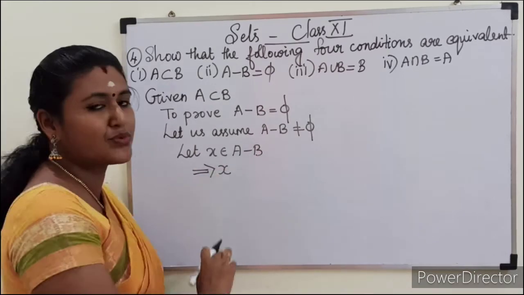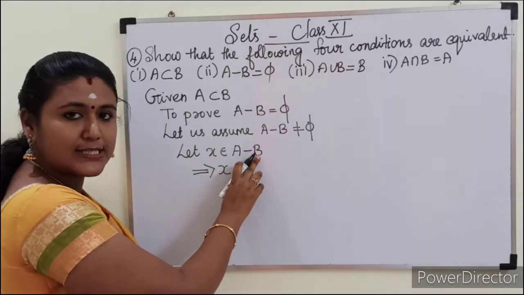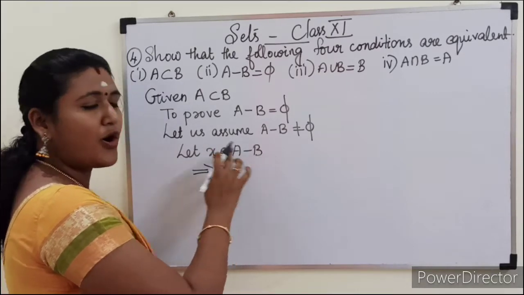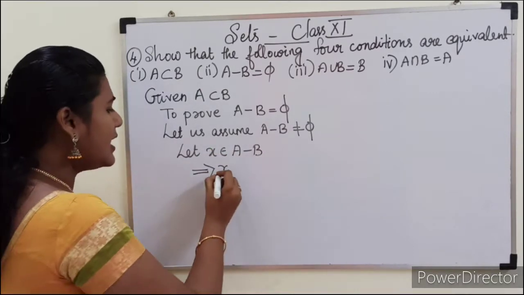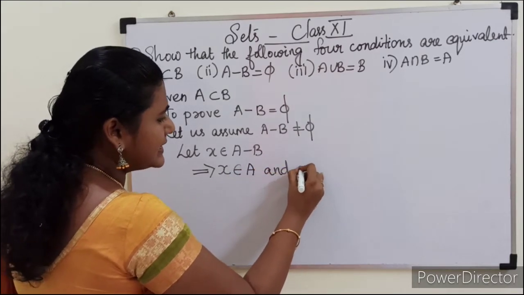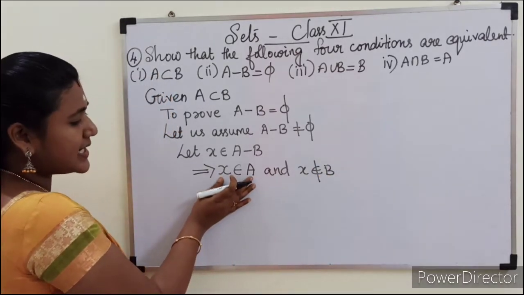What is its meaning? The difference of 2 sets we have already seen. If X belongs to A minus B, then its meaning is X belongs to A and X does not belong to B. Now we will see the first condition.